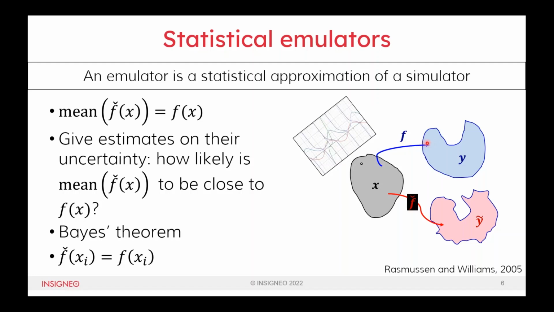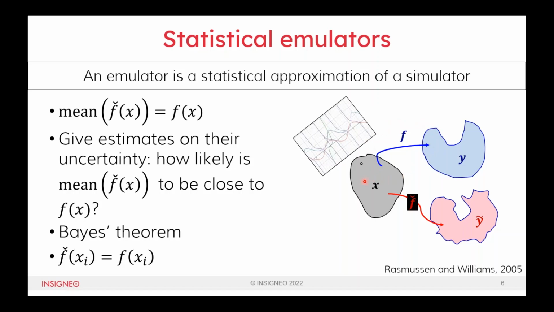And another very important thing about the emulator is that when it provides an estimate of the simulator, it also provides an estimate of how likely the mean of this distribution is to be close to the desired function that you're targeting.